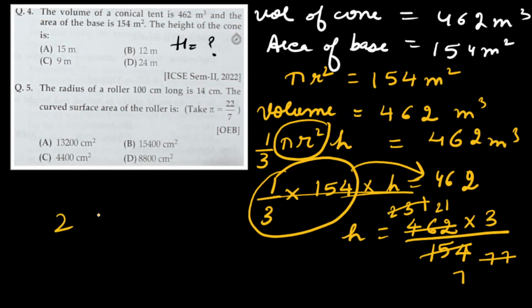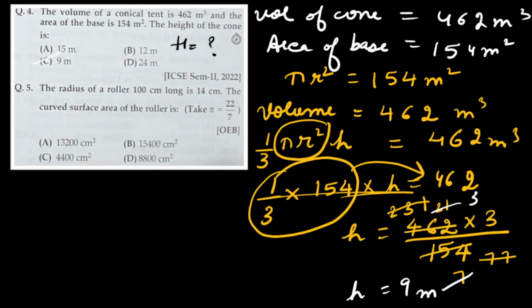I have told you, when the sum of the digits is written in between, that means this 2-digit number when I multiply with 11, I'll be getting this answer. So this shortcut always try to remember. Then 7 into 3. Height is 3 into 3, 9 meter. So option third.